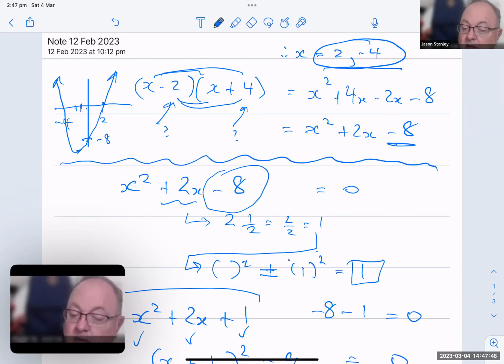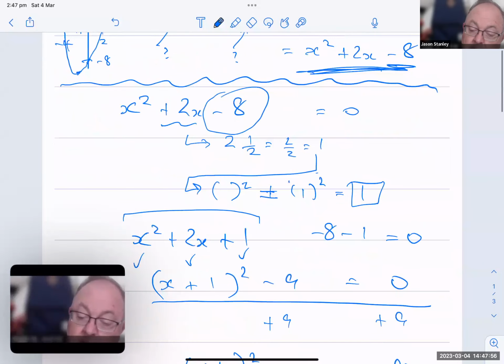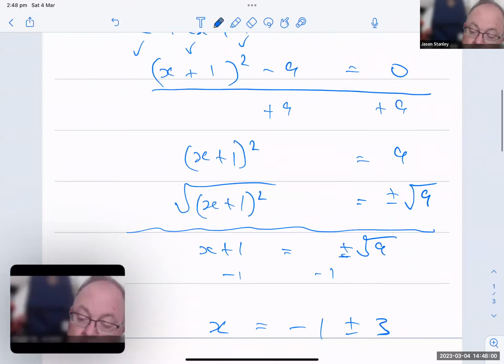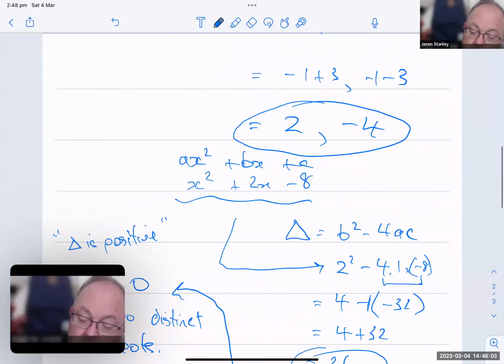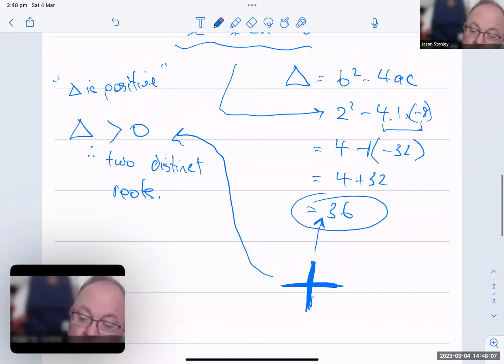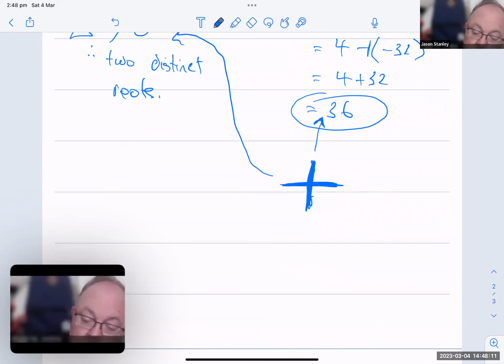So I started off cheating. That was my study plan, to put some random numbers in, to do the expansion to get the trinomial. And then for the trinomial, I went and built the solutions using the completing the square method. Now, if I finish this, because I know that b squared minus 4ac is 36, I can do it the other way.